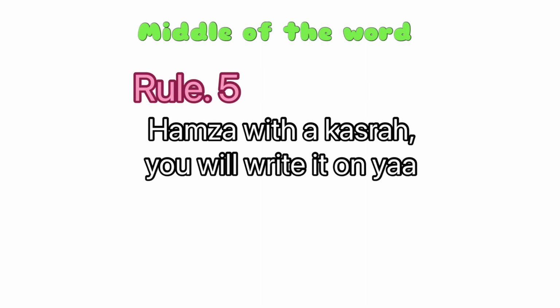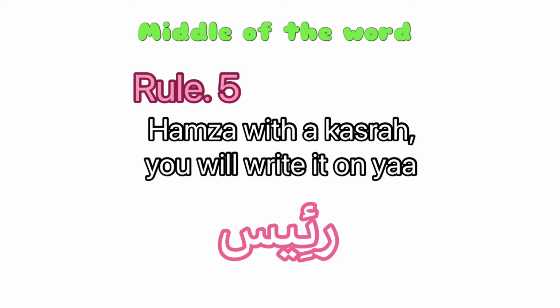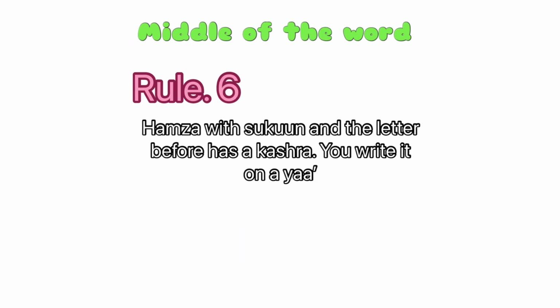Rule number 5: if you see a hamza has a kasra on it, then you are gonna write it in a ya form, on top of a ya, such as ra'is. Ra'is means a president. But when you see a hamza has a sukoon and the letter before it had a kasra, such as the word bi'r, you are again gonna write it in the ya form.